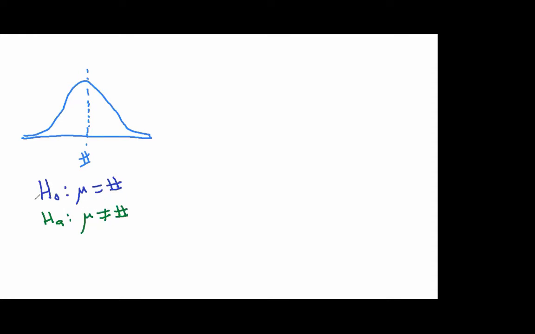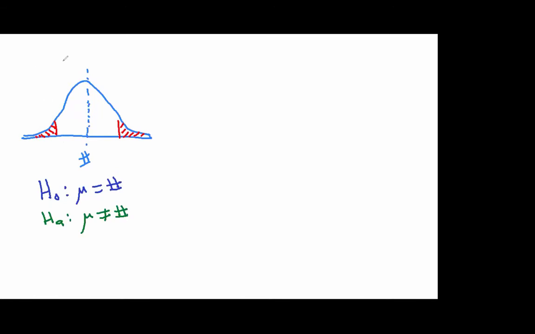In this case, this is what I believe to be reality, or what I'm pretending to be reality. This says that the mean is at this value. So I would actually be surprised if I found extremely large values up here. That would surprise me in the same way that if I found extremely small values down here, that would be surprising.